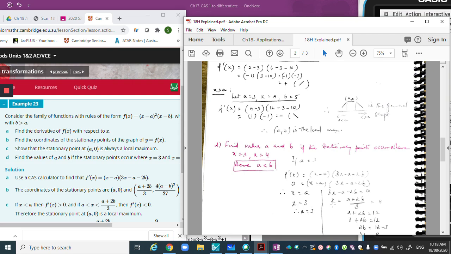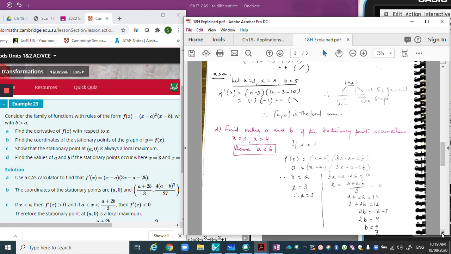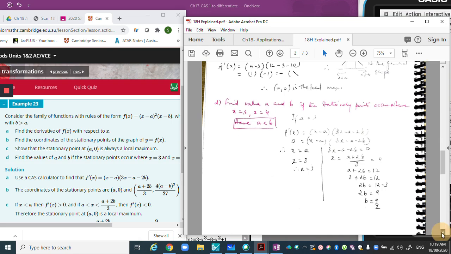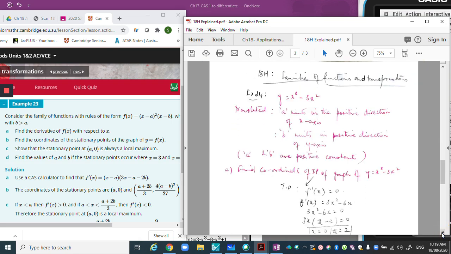And then you say x is equal to this, but x is given as 4, and therefore a plus 2b is equal to 12, and then solve for b, and that will work out to be b is equal to 9 divided by 2. Okay, so now let's move on to the next question. I think that was just the most difficult one.